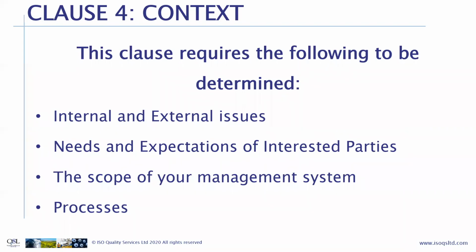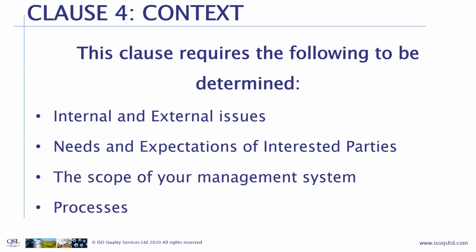If we move on to the scope of your management system, essentially that would include the physical boundaries. So that's your premises, departments, warehouse, etc. Could well mean if you do part of your service delivery at a client's premises or on site, that would be included.